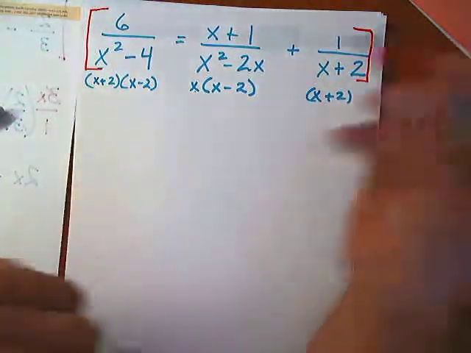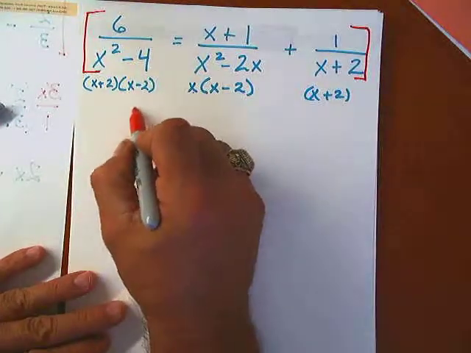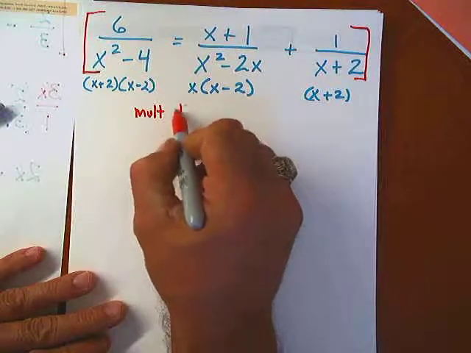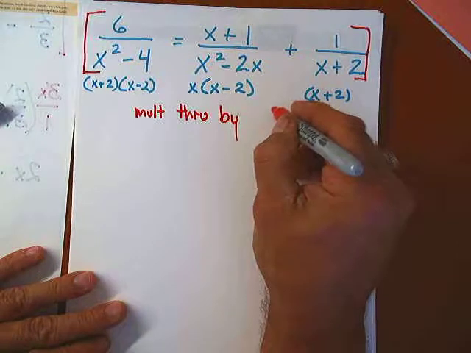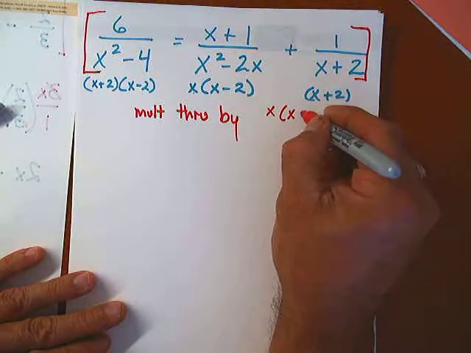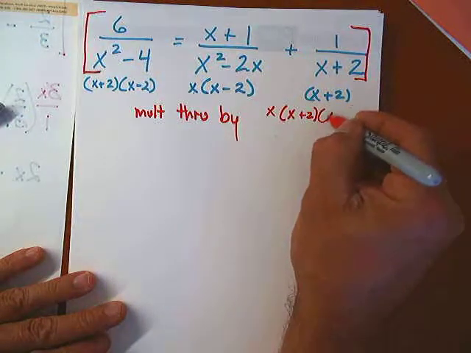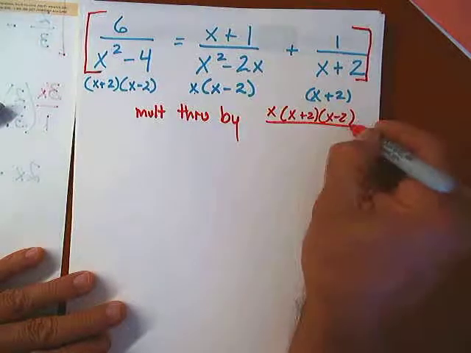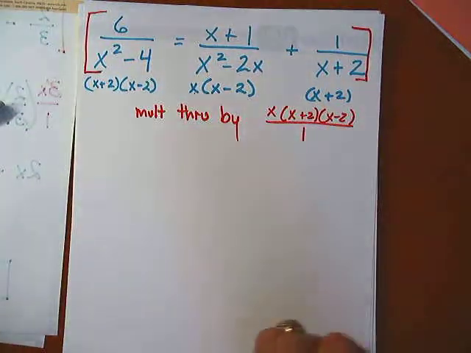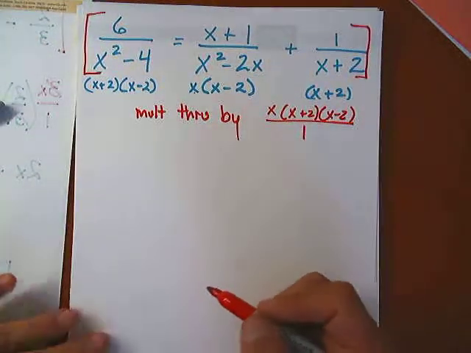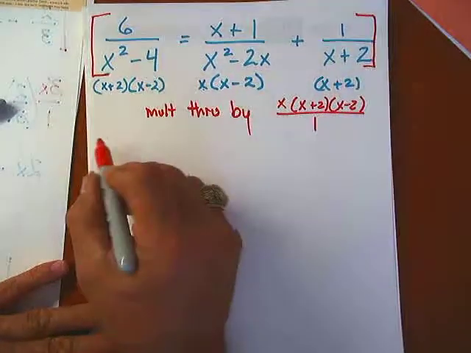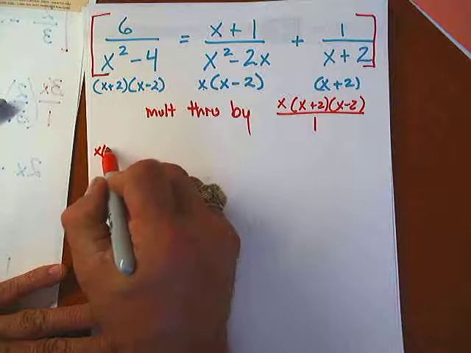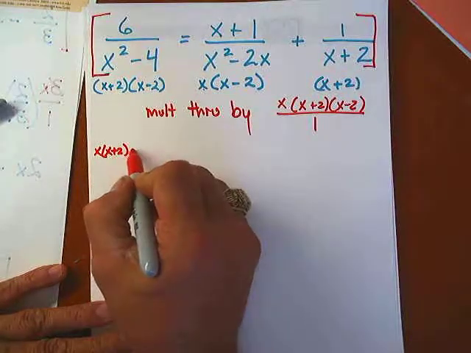So you're going to multiply through by x times x plus 2 times x minus 2 over 1.